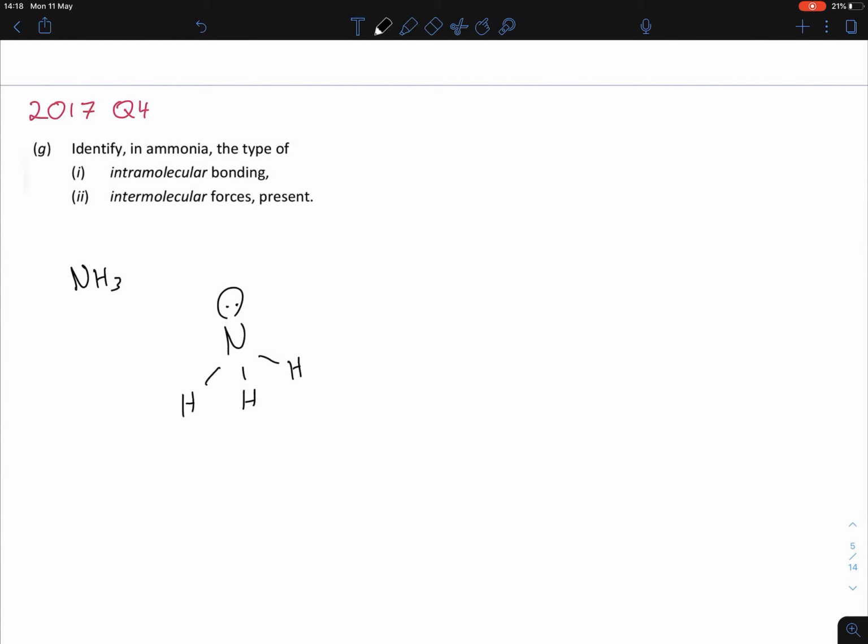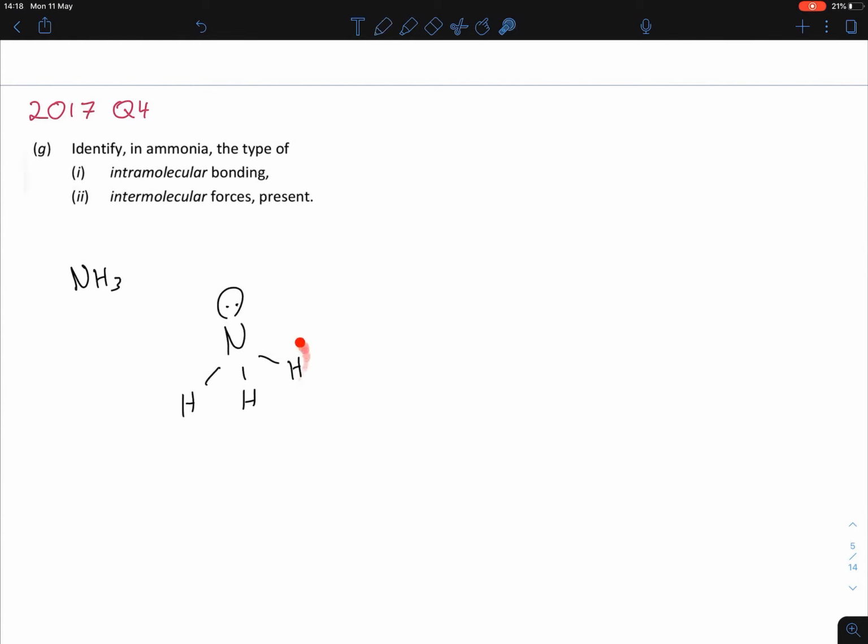Let's do the intra first. That means the bonding within. There are 3 options I could have here. It could either be ionic, polar covalent, or non-polar covalent. Use your electronegativity values. So nitrogen and hydrogen. Hydrogen is, what is it, 2.1, and nitrogen is 3.0.